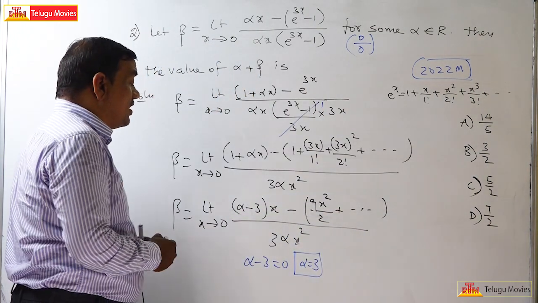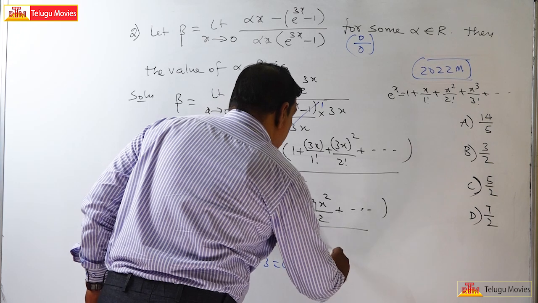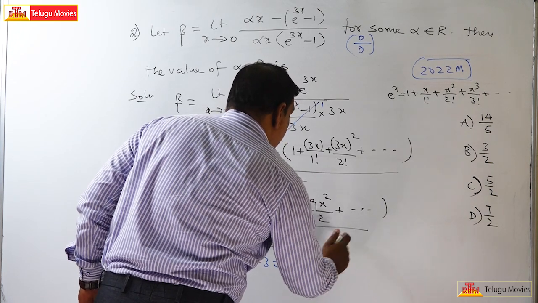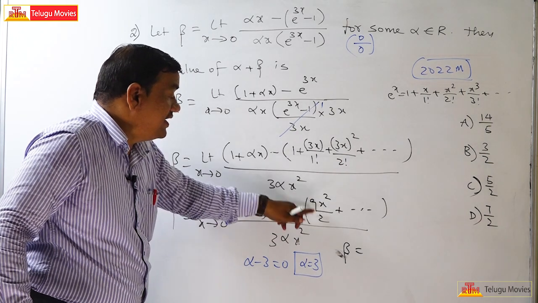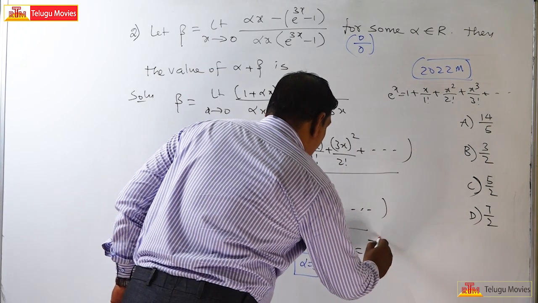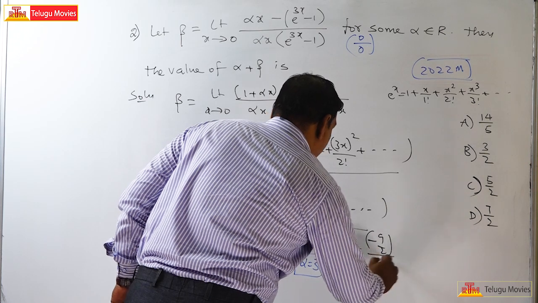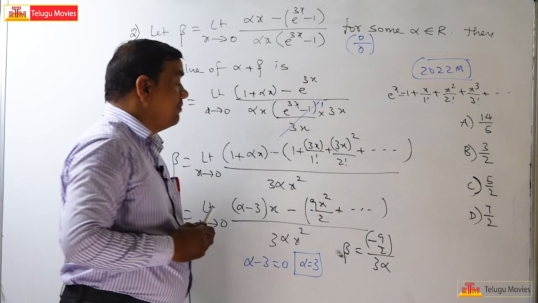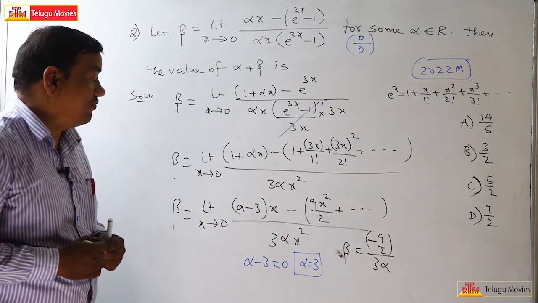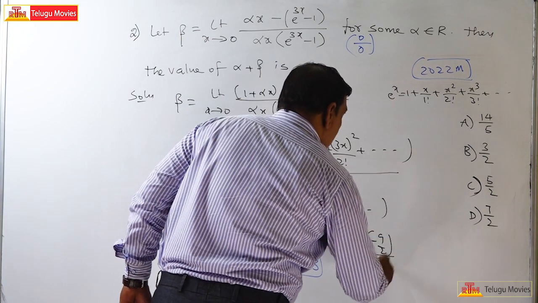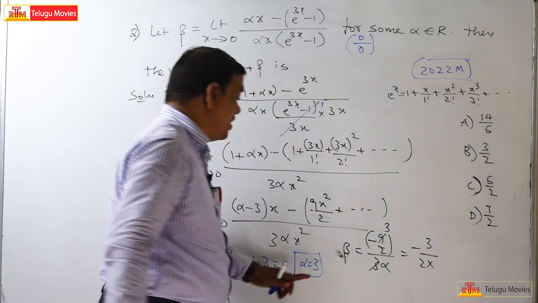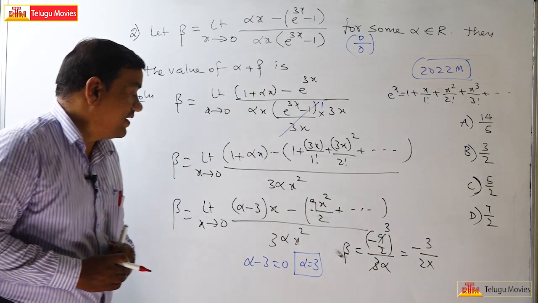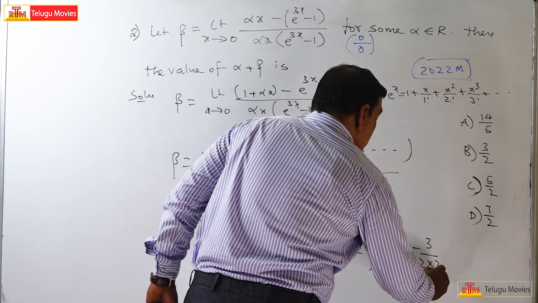So what is your limit? Your beta is equal to what? How much will you get? Minus 9 by 2 by 3 alpha. Okay? Minus 9 by 2 by 3 alpha. So this is equal to 3 ones are 3, 3 threes are 9, minus 3 by 2 into alpha value, which is 3.